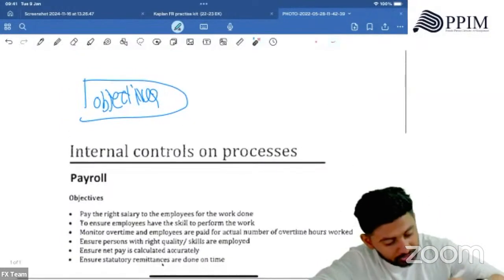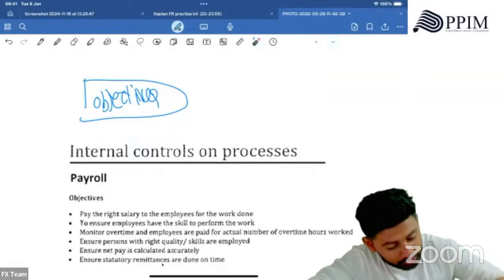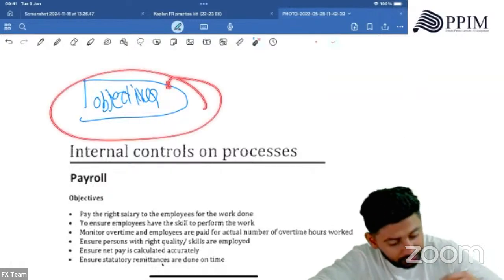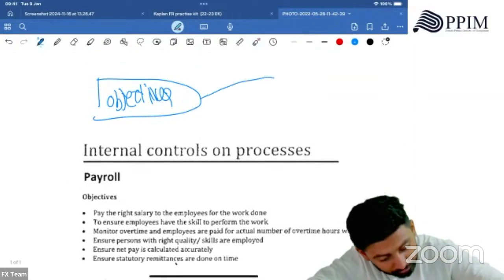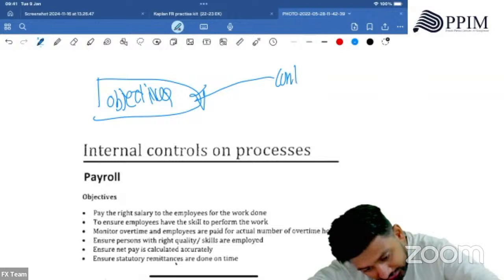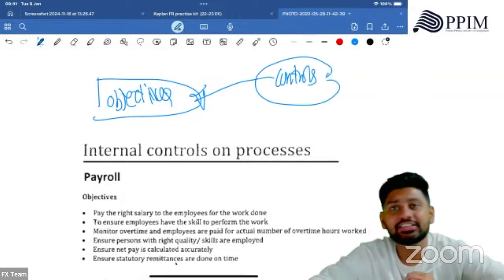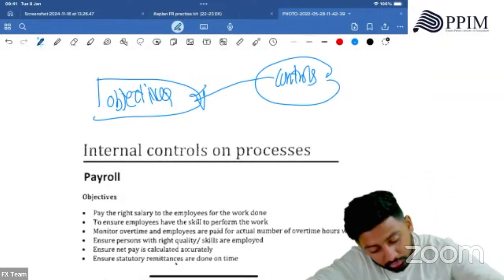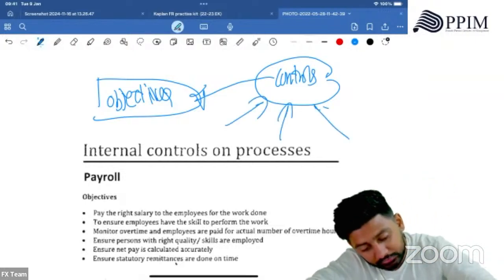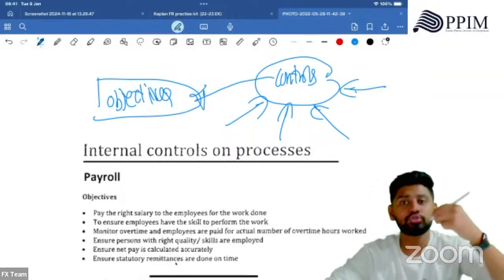Okay. To achieve these objectives, we need to have controls. Now, guys, these controls are implemented by the management. These controls have to be strong.